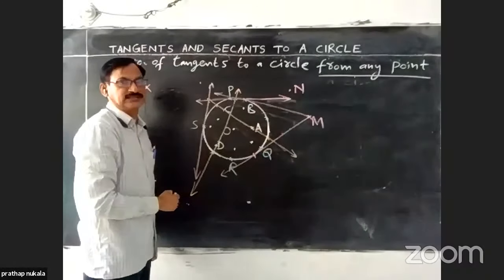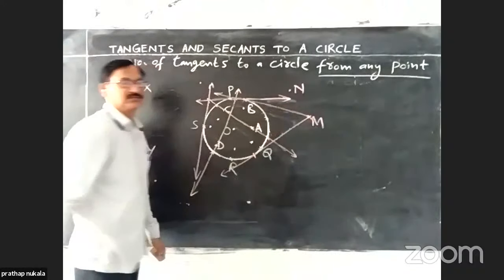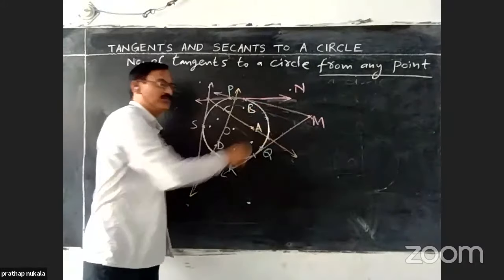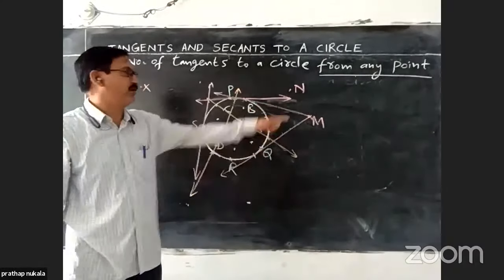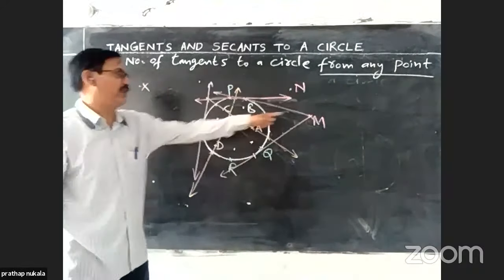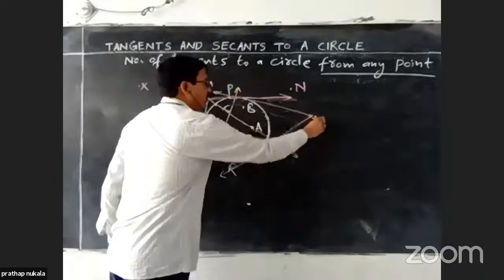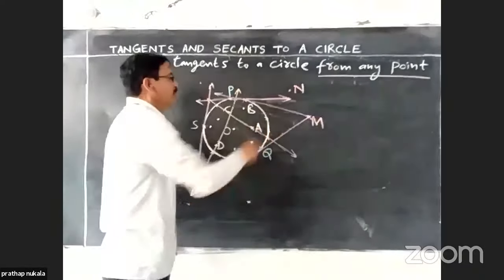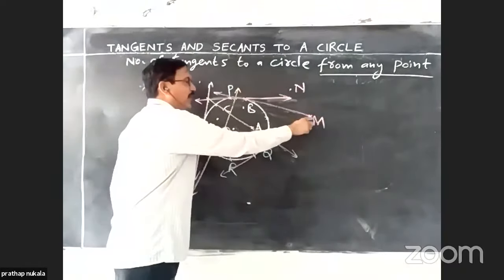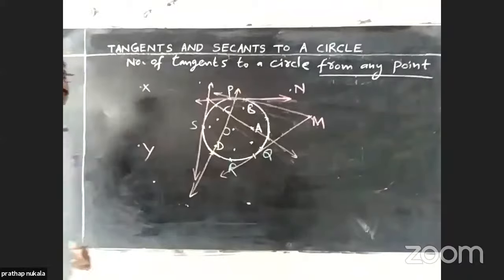That means two tangents are possible from an outside point to the given circle. That is the third point. This is very important to the syllabus. Again, I am saying we can draw a pair of tangents from any external point to the given circle.